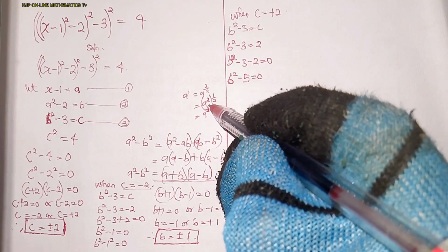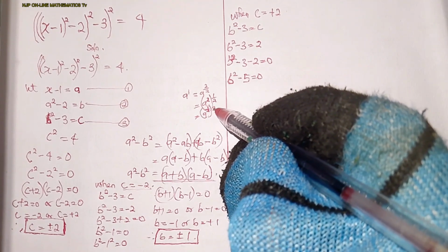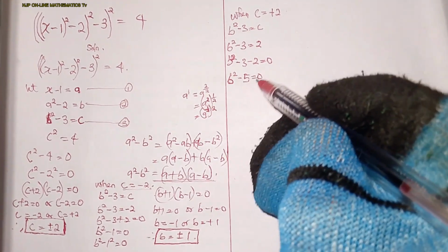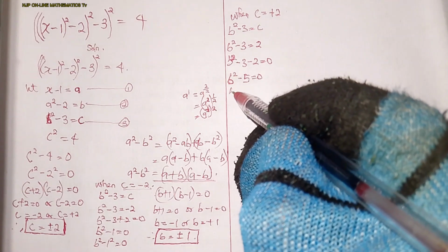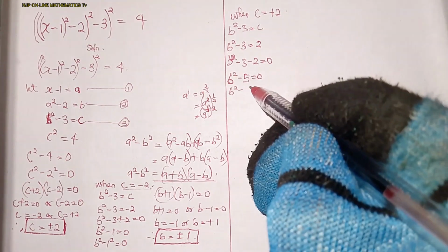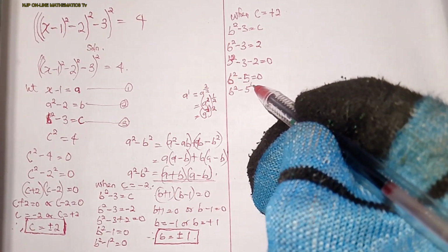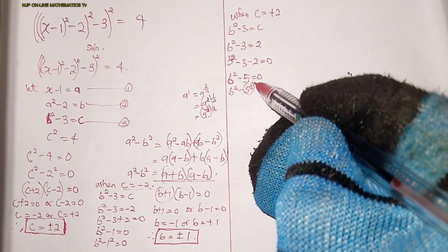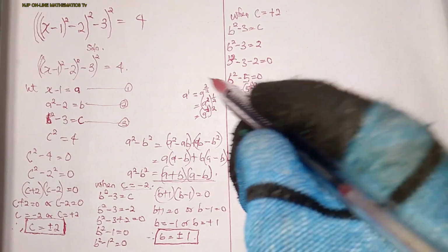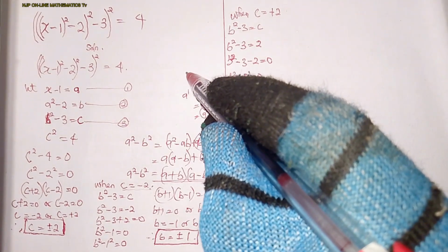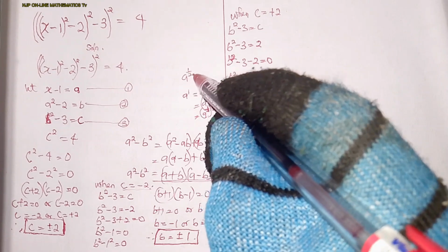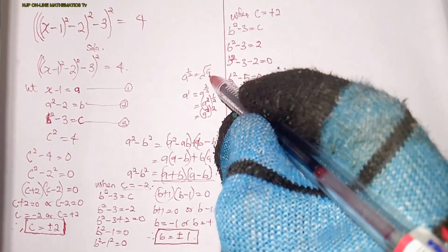This 1 over 2 at the exponent is still multiplying 2. So we can apply that here, and we are having b square minus 5 raised to the power of 1 over 2, or multiplying 2. And we know that this is the same thing as the root of a.